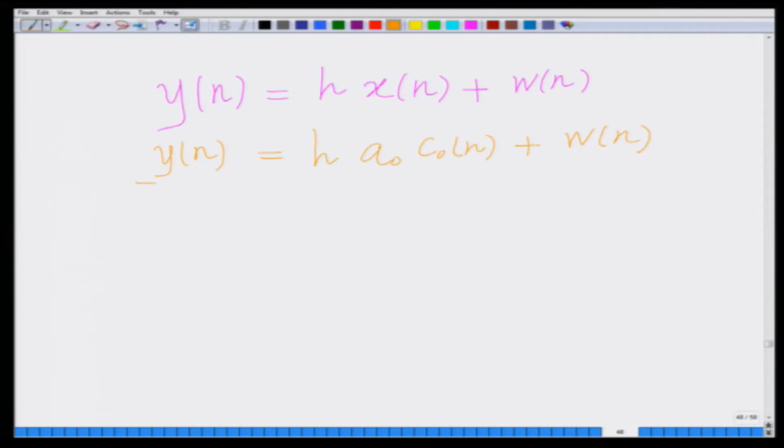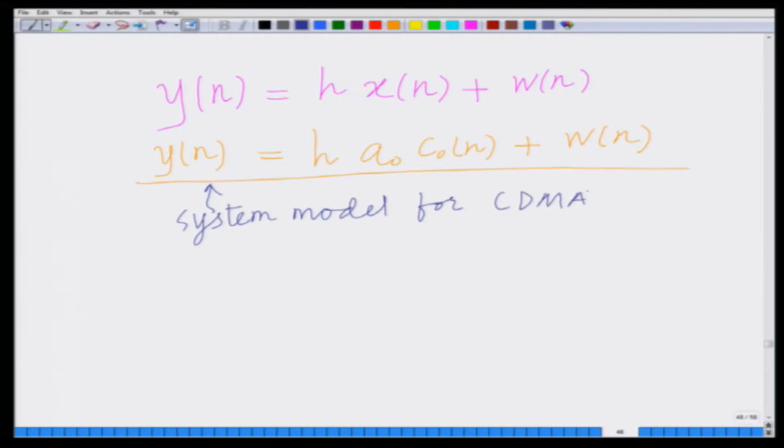Therefore, this is the system model for our CDMA wireless communication system. Now, at the receiver we have to correlate, as we have seen for CDMA, with the code of user 0.